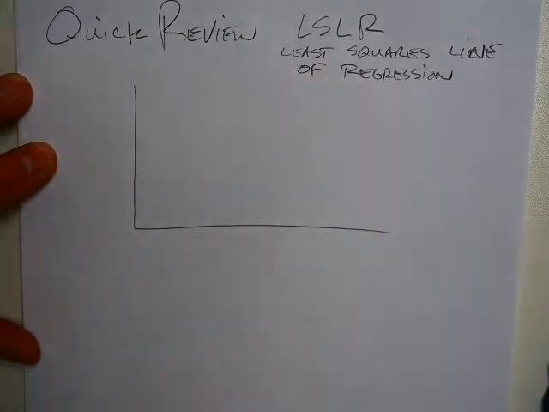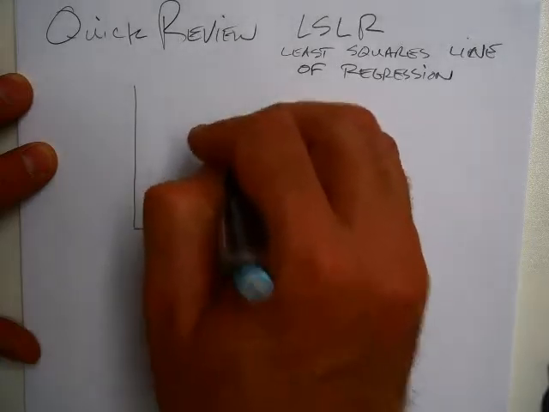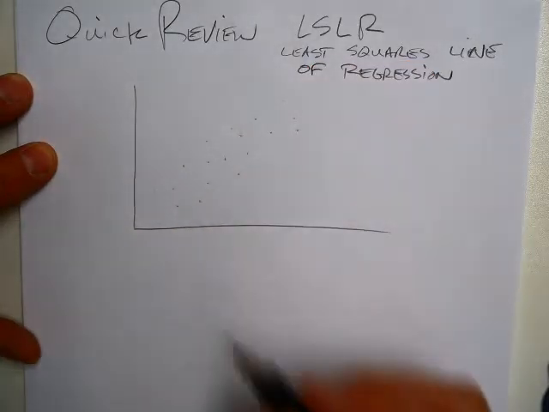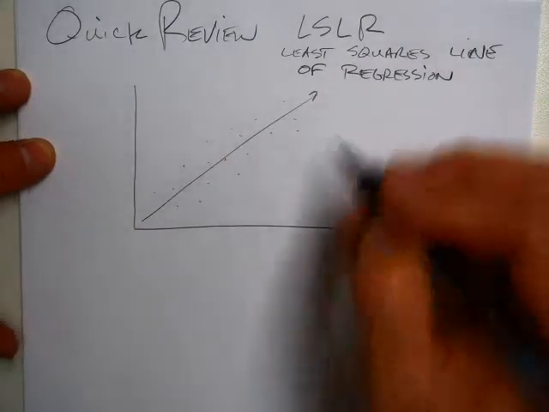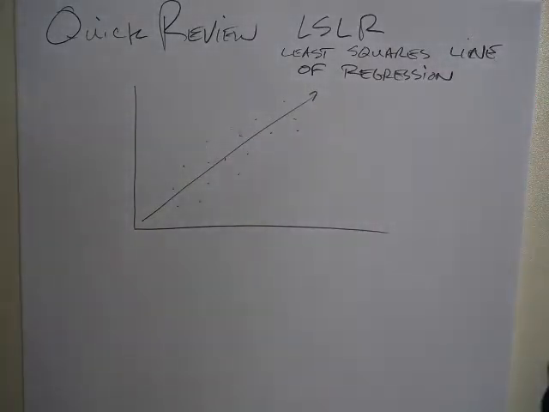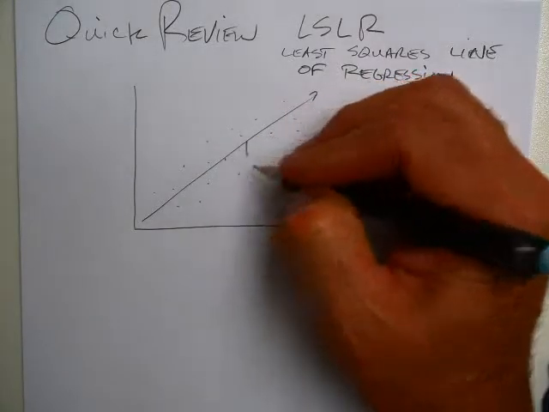So what is a least squares line of regression? It's just really a line of best fit, right? Or just a line of regression. So if we have some data, it's the line, and it may not touch any of the points, but it's the line that's the best average of all the points. The reason they call it least squares is they use the distance that a point is from a line.